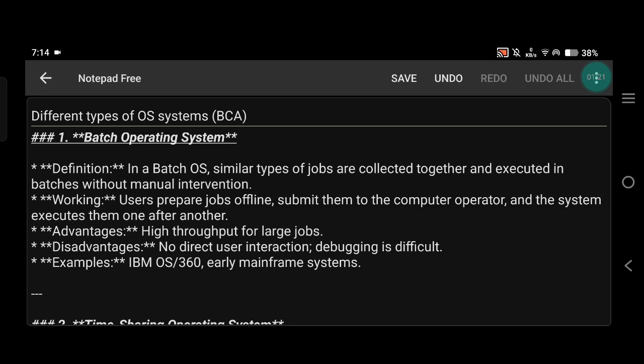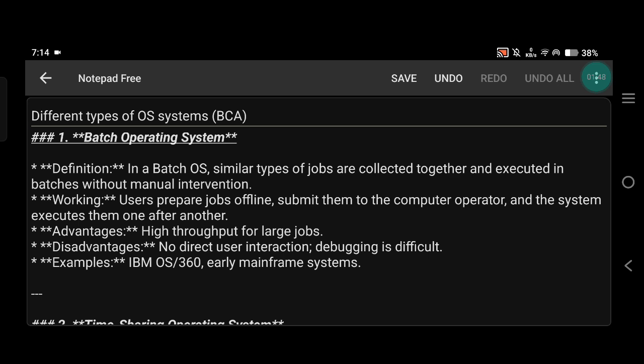First is batch operating system. In this system, similar jobs are collected together and executed in batches. Imagine you have 15 similar homework sheets. You check them all in one go instead of one by one.